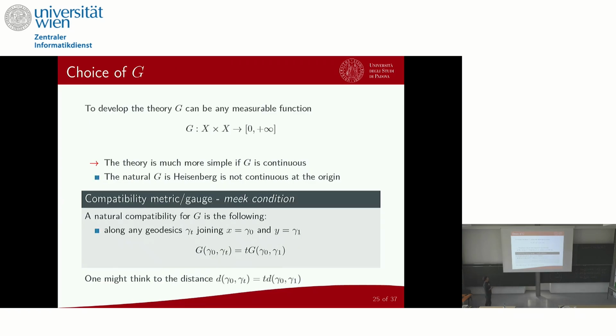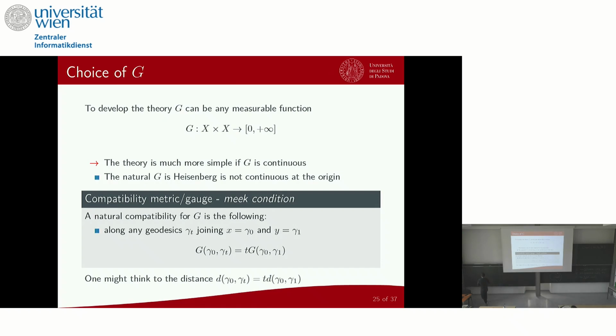Okay. What about the choice of the gauge? The gauge can be any measurable function a priori. Of course, the theory will be much simpler when this gauge is continuous. But since the natural gauge function I showed you before is not continuous at the origin, it is better to take a priori G to be only measurable.